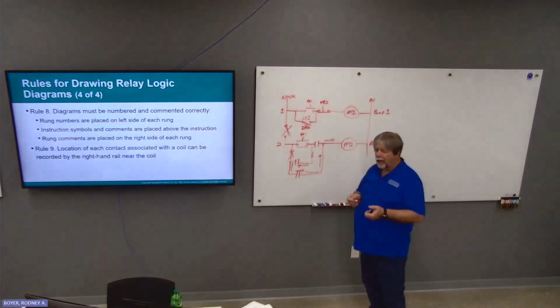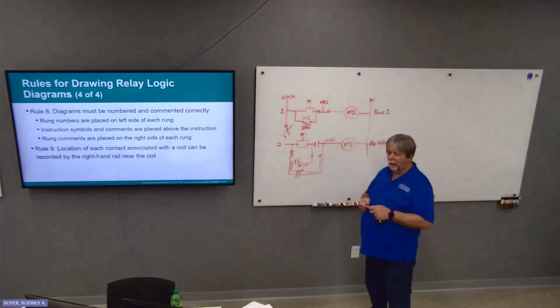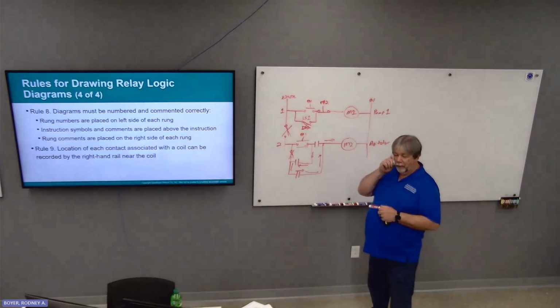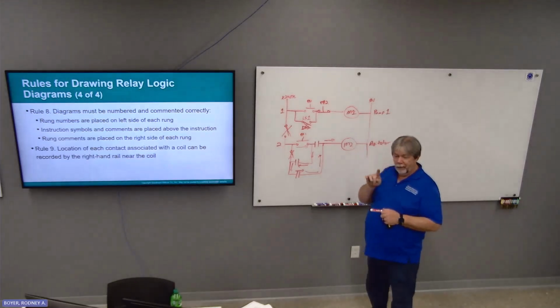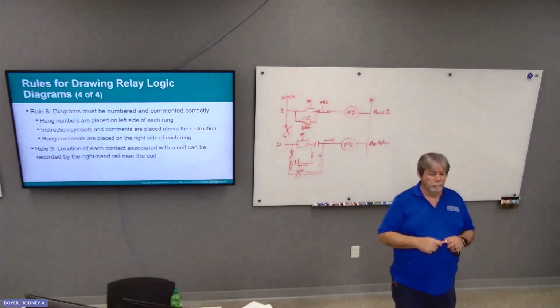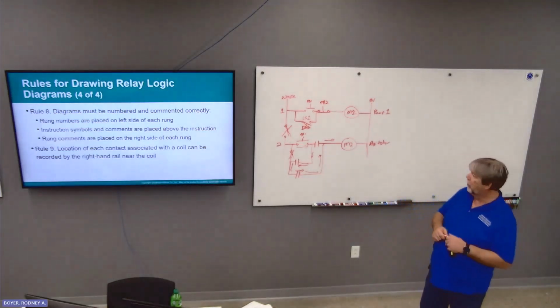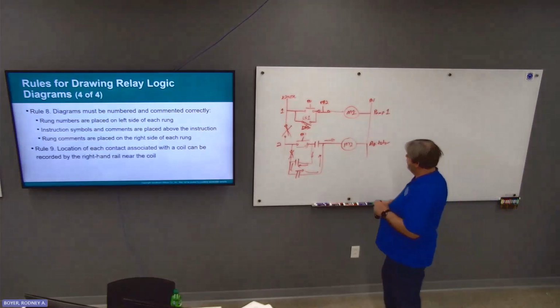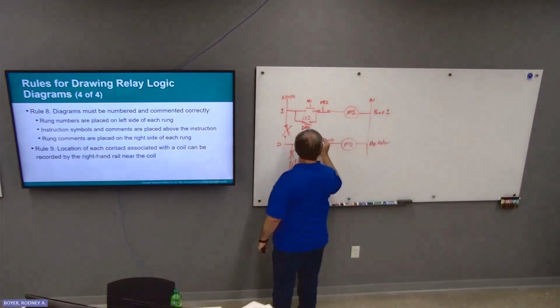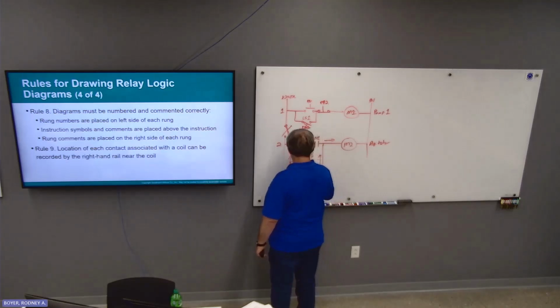And then the location of each contact associated with the coil can be recorded by the right-hand rail near the coil. Replace can with should. Okay. Should be recorded. So let's say that this is M1, and that's M2.